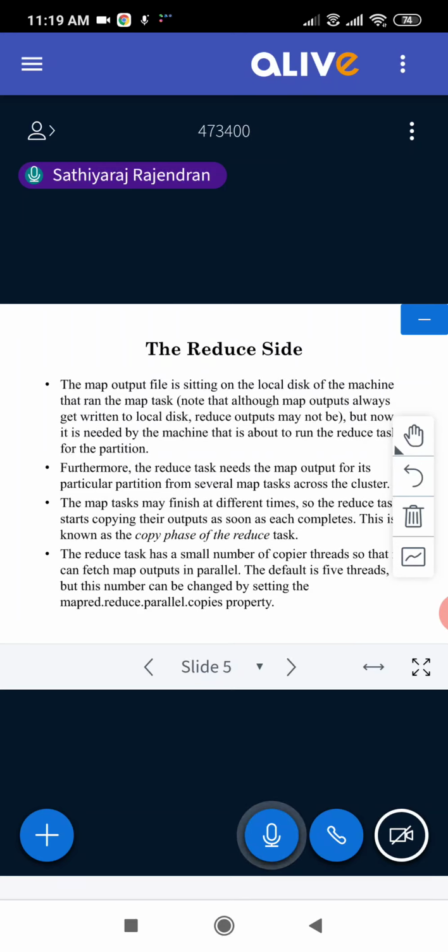Furthermore, the reducer is going to fetch the output for its particular partition. So if I have 10 partitions, I combine partition 1, partition 2, partition 3 at a single stage. I'm not going to combine all 10 partitions into one at once, right?